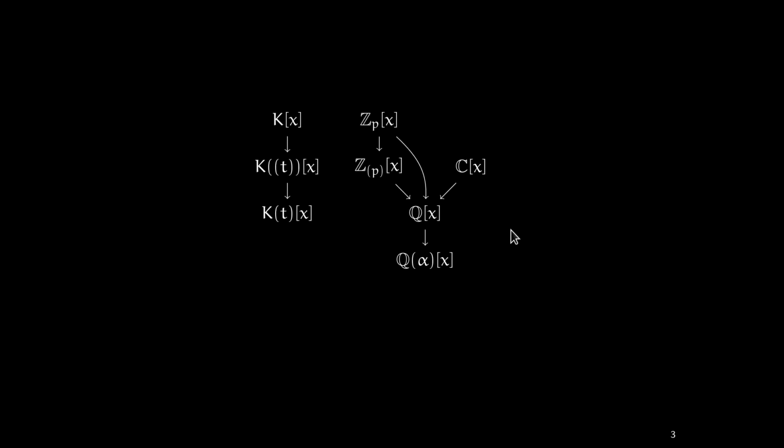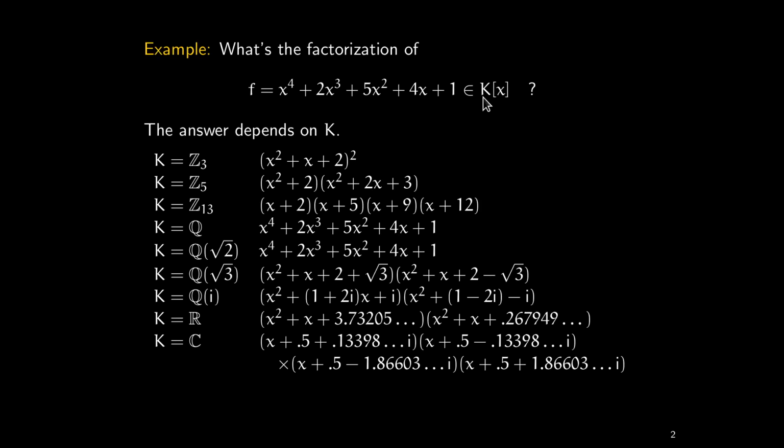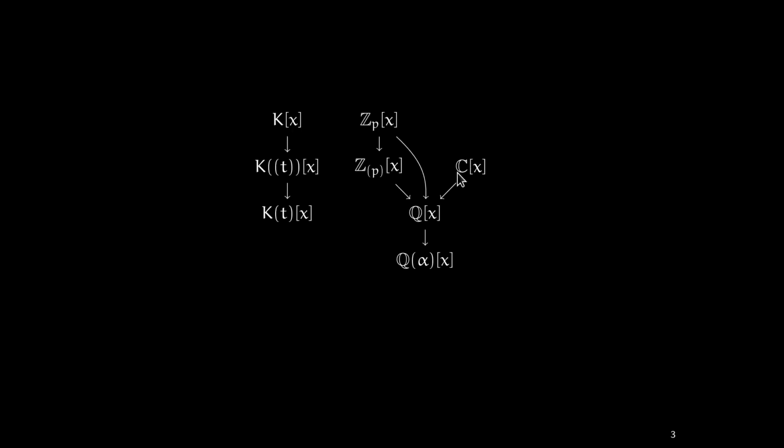So let me give you an overview. Here is what we will discuss and discover. Of course, we cannot handle every field. There are just too many choices for this k, but we can handle the most important ones. And we have already said that factorization over C is just the same as root finding, and factorization over R is closely related to factorization over C, is almost the same as root finding.